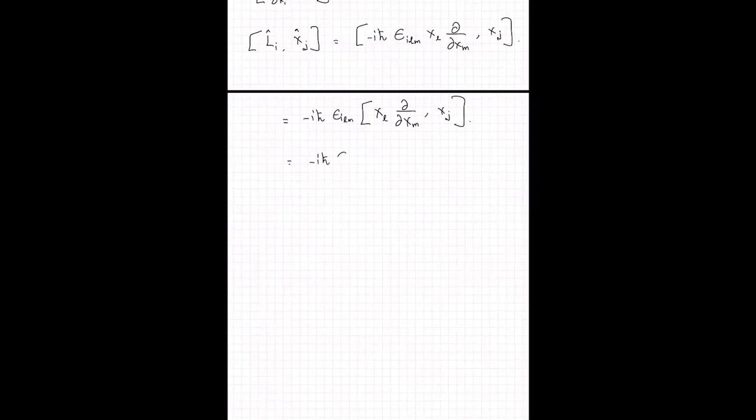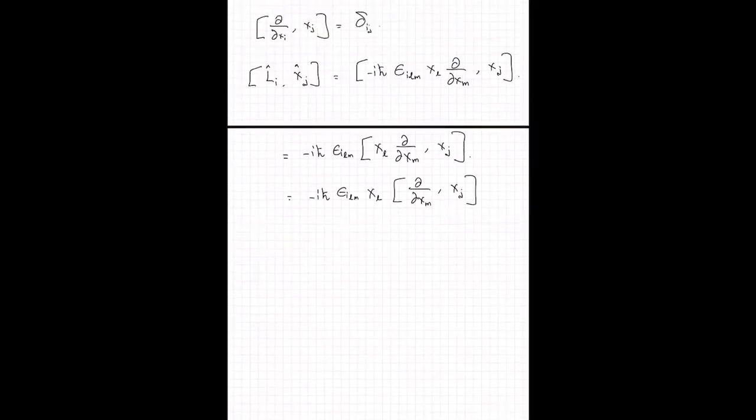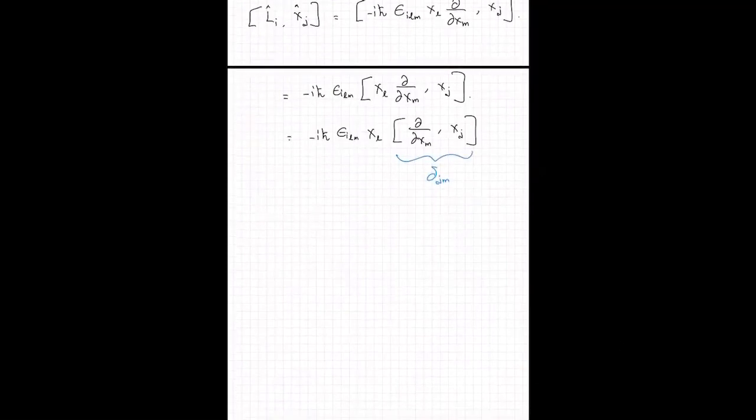So I can write this as epsilon ilm xl, the commutator of d/dxm and xj. And we have just now shown that the commutator of the differential operator and the position operator is delta. So this part would be equal to delta jm. So if I put everything together, this becomes minus i h bar epsilon ilm xl delta jm.